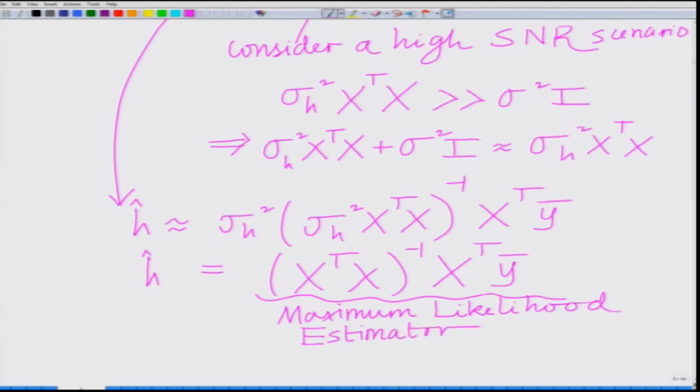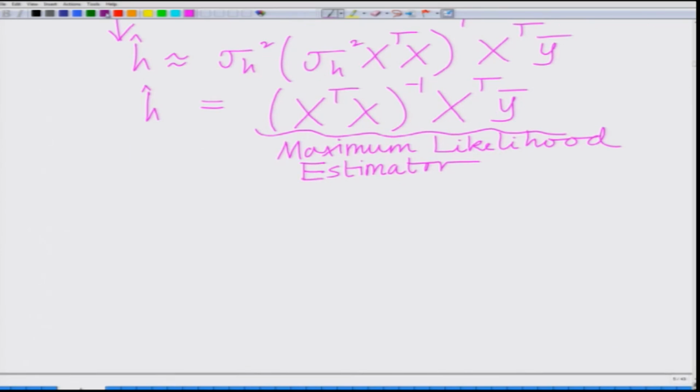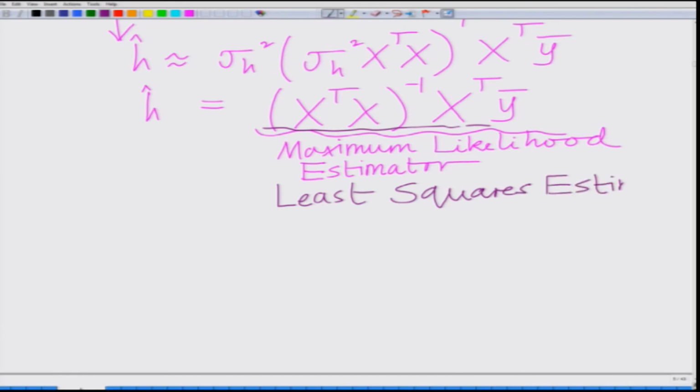This is also known as the least squares estimator, or LS, least squares can be shortened as LS.